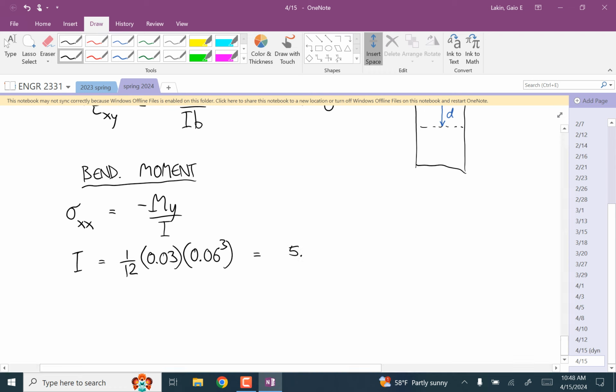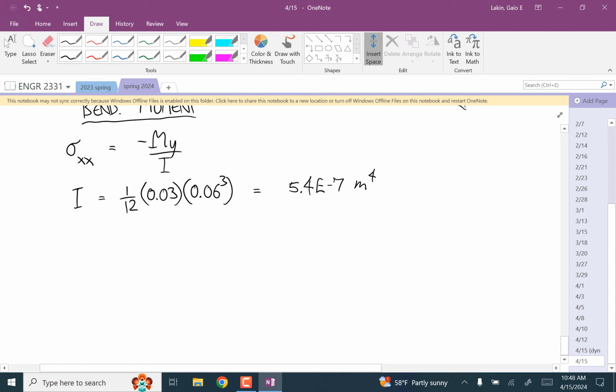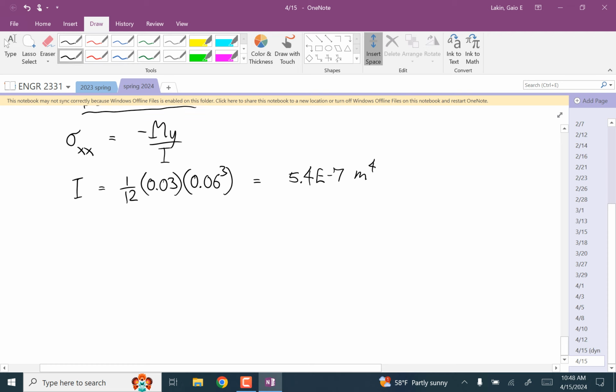So that's 5.4 times 10 to the minus 7 meters to the fourth. So this is equal to negative.